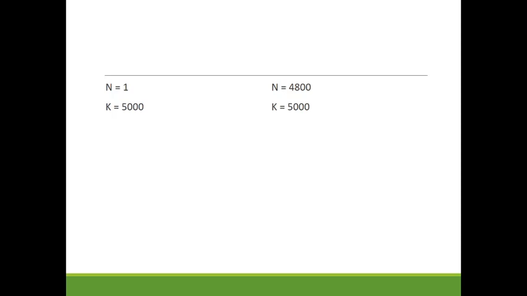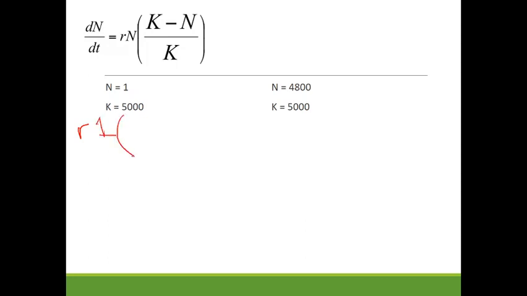So let's do a little bit of algebra here. Based on our equation, what we've got is r times 1, let's say it's an asexually reproducing species, times 5,000 minus 1, all over 5,000.